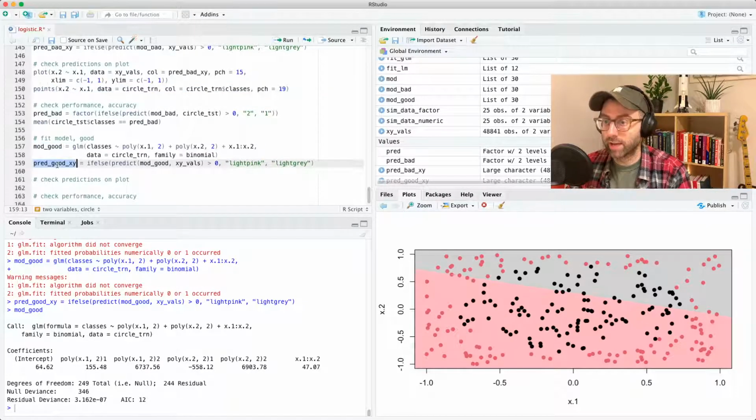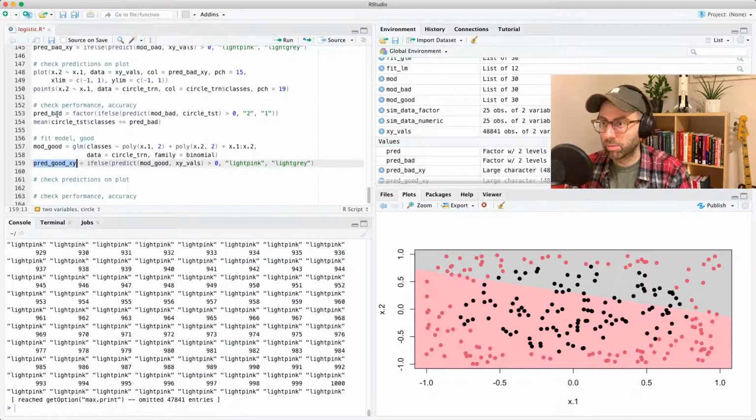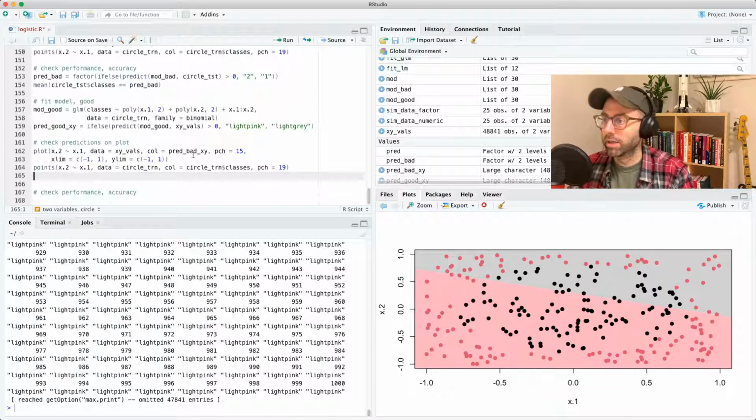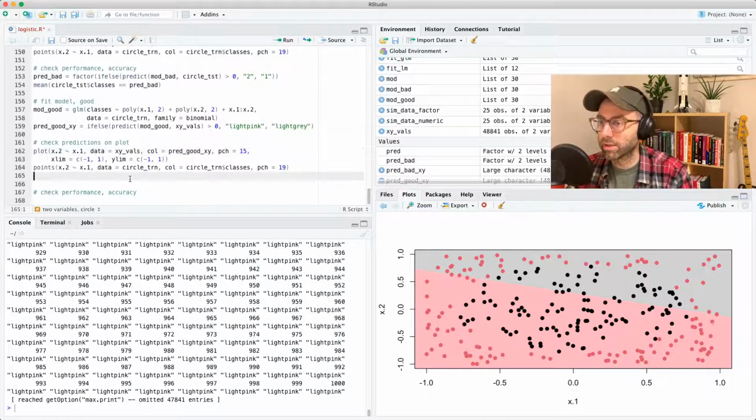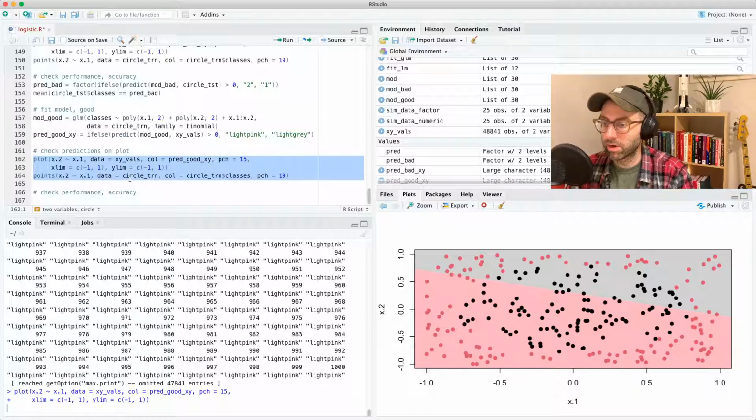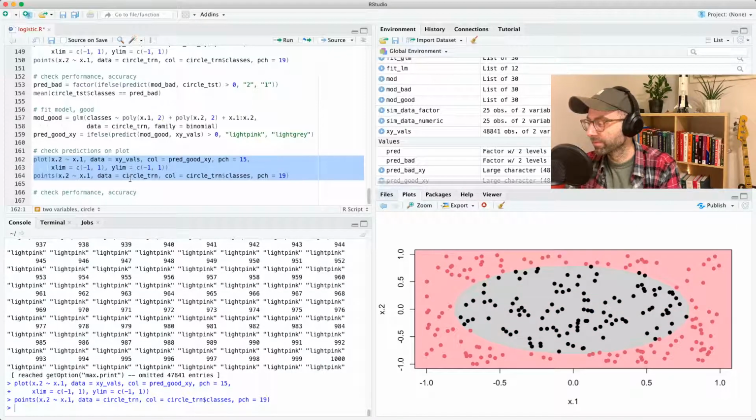So we already did that here on each of the x, y points. Again, light pink is for 2, light gray is for 1. So we can make this plot here. And I need to change this to good. Otherwise, I think everything is in order. Aha! That's pretty cool.